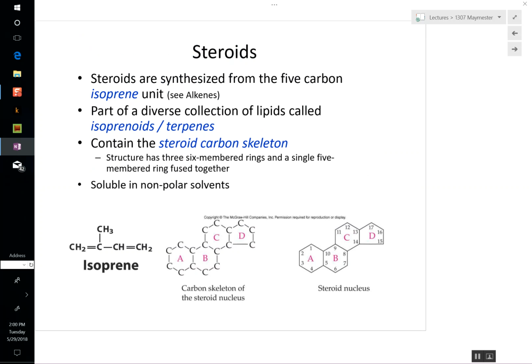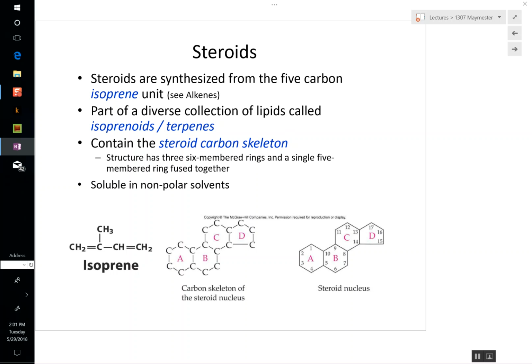Here's the steroid nucleus, drawn pretty much the way you've drawn it. You see there's four carbons there, two more right here, then four more here, four more here, and three more over there that make up that ring. So there's a total of about 17 carbons.